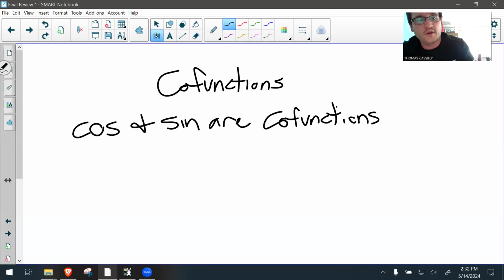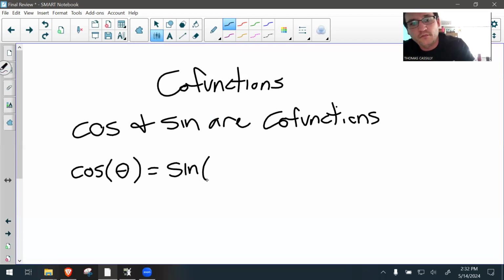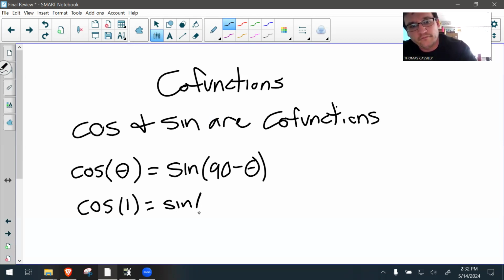So for example, the cosine of theta, any angle you want between 0 and 90, all right, is going to be equal to the sine of 90 minus that angle.